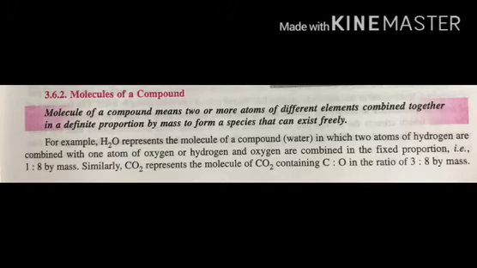For example, H2O represents the molecule of the compound water, in which two atoms of hydrogen are combined with one atom of oxygen, or hydrogen and oxygen are combined in a fixed ratio, that is 1:8 by mass. Similarly, CO2 represents the molecule of carbon dioxide containing C and O in the ratio of 3:8 by mass.